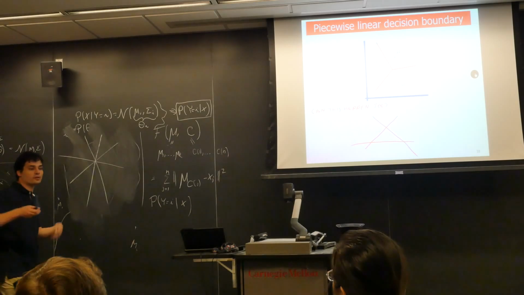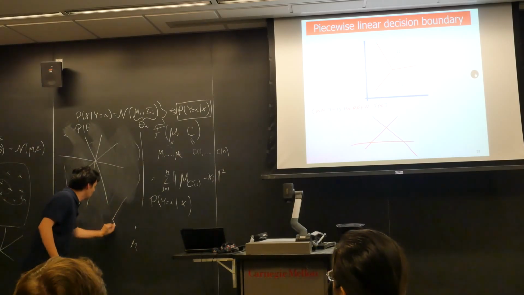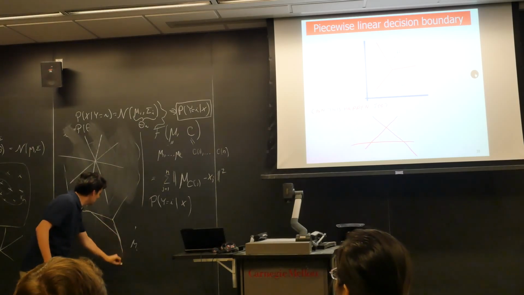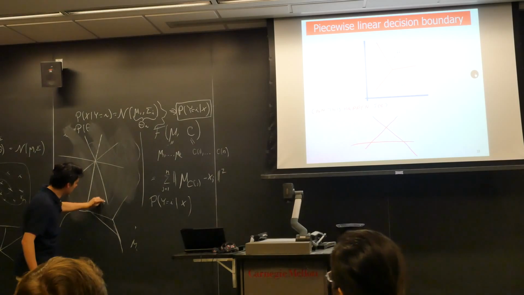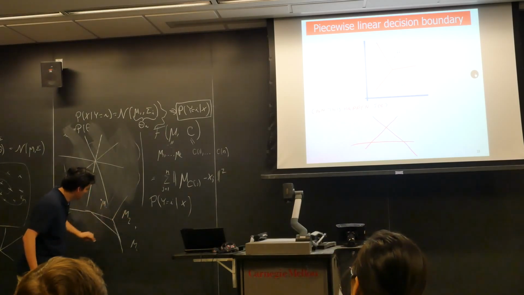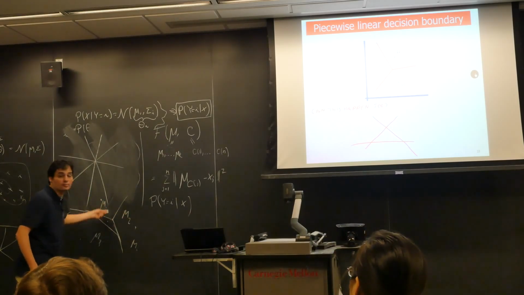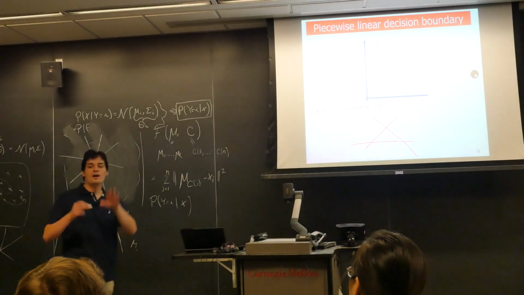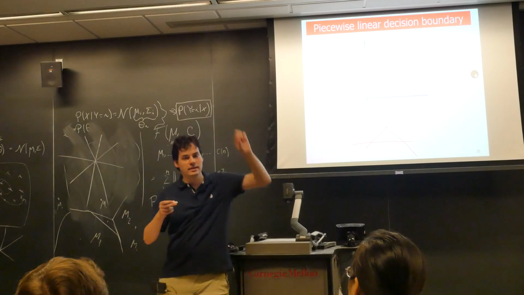You can think again of Voronoi diagrams, where you can have regions, with cluster centers mu1, mu2, mu3, and mu4 placed here. So any partition that has straight lines might be allowed in this case.